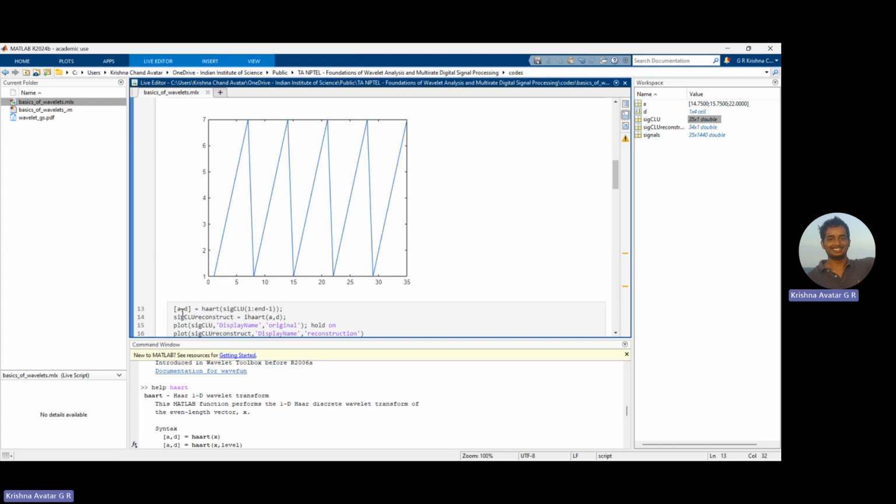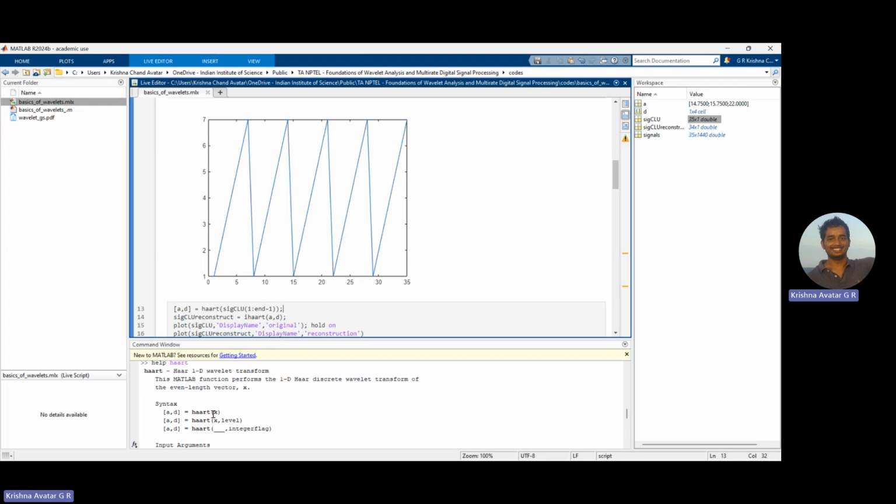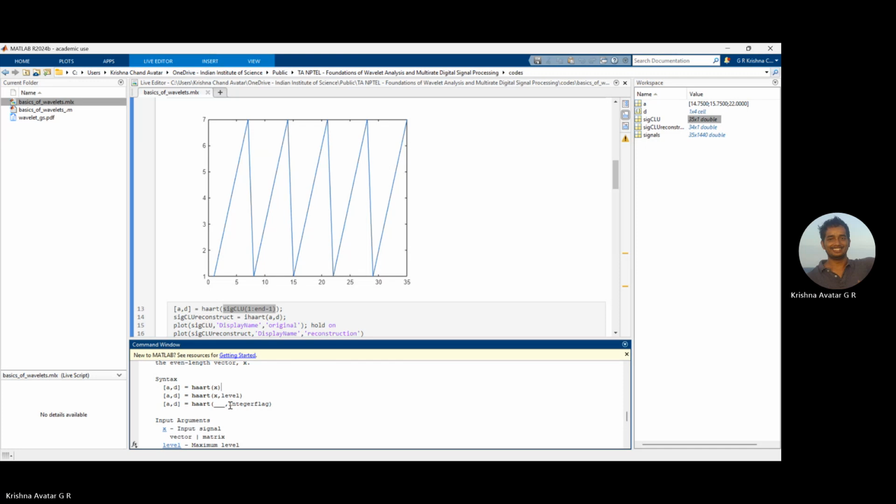Then I performed this Haar wavelet transform, and it gave us two output entities, which are A and D, right? And I did not prescribe to what level of approximation to do. That's the reason you'll find only the signal as input I have given. However, this function takes three arguments: x, level, and integer flag. X means the signal itself.